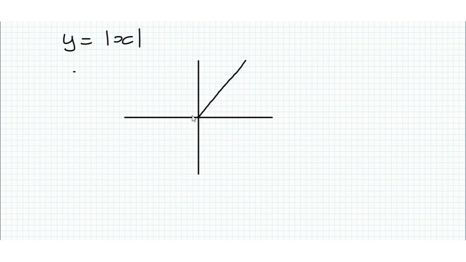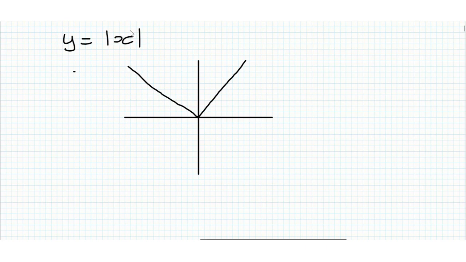When x is negative, it's going to take negative values of x and make them positive. So on this side we have to draw y is equal to minus x, which looks like that. So that's it for the modulus function.